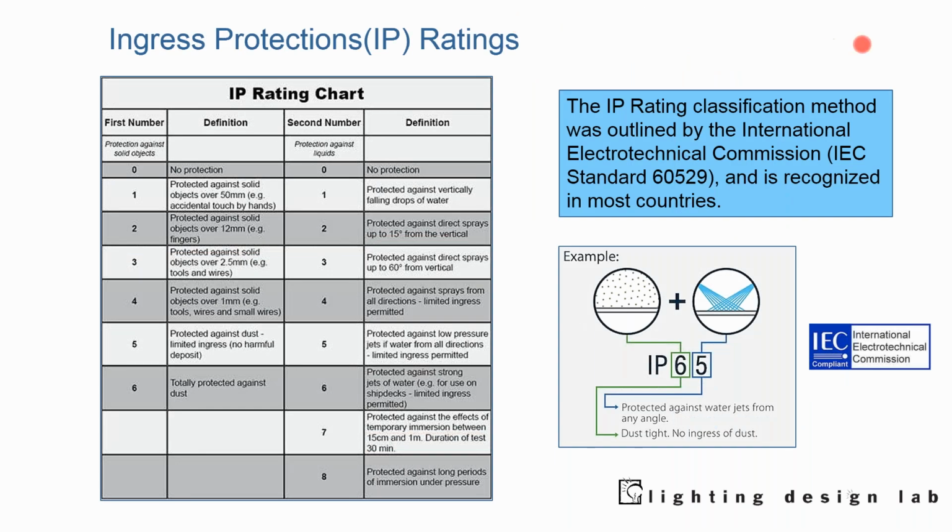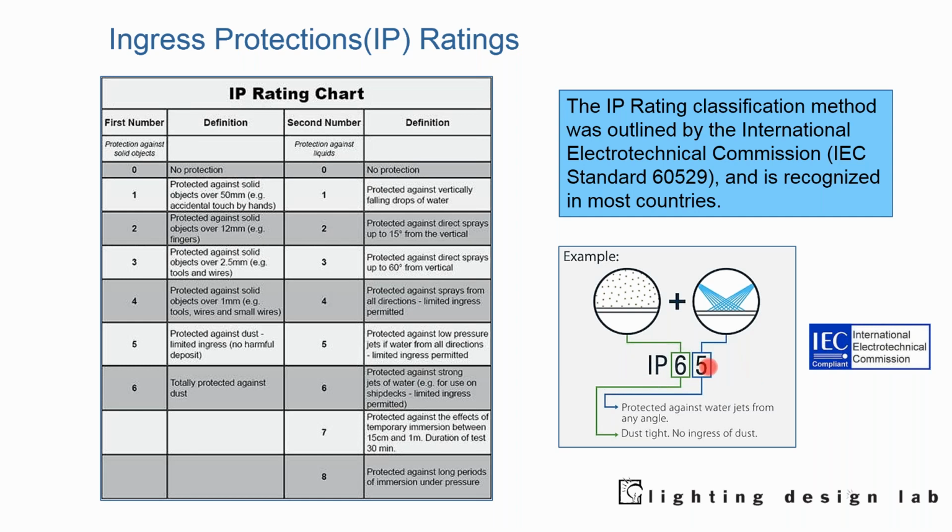Another thing that we see a lot is the so-called IP ratings, ingress protections. Those are for liquids, either flowing on or even sprayed at different angles and different intensities, or even fully submerged. We often hear IP66 for street lighting or exterior.